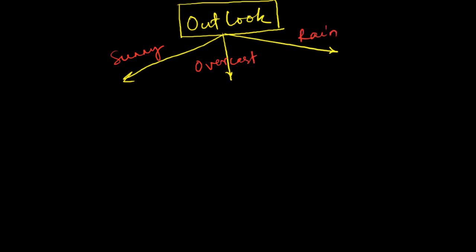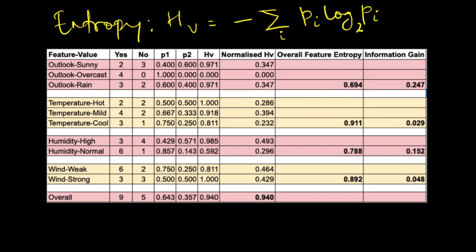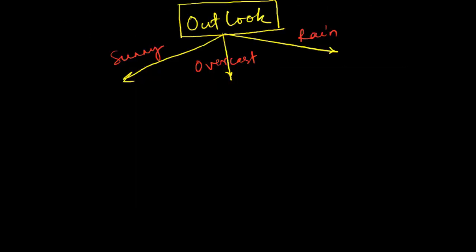If you have an overcast, then as we just saw, the output is definitely going to be yes, because in the overcast case, no is totally 0. So now here we have the output of yes.